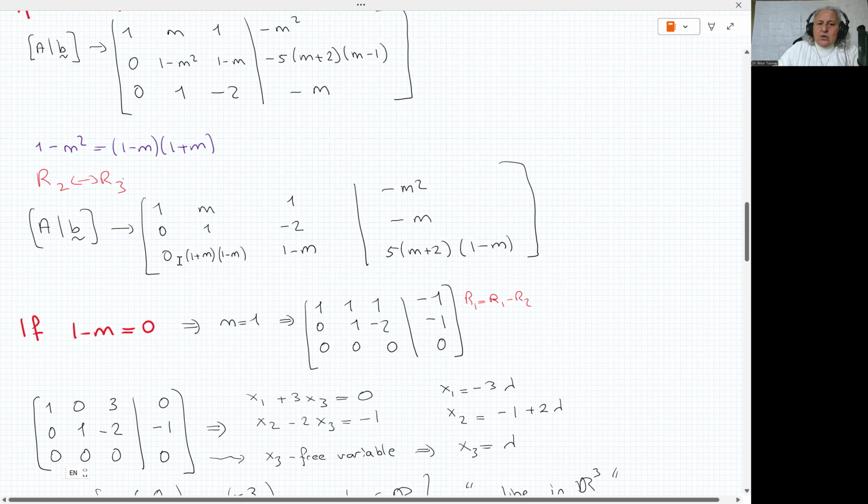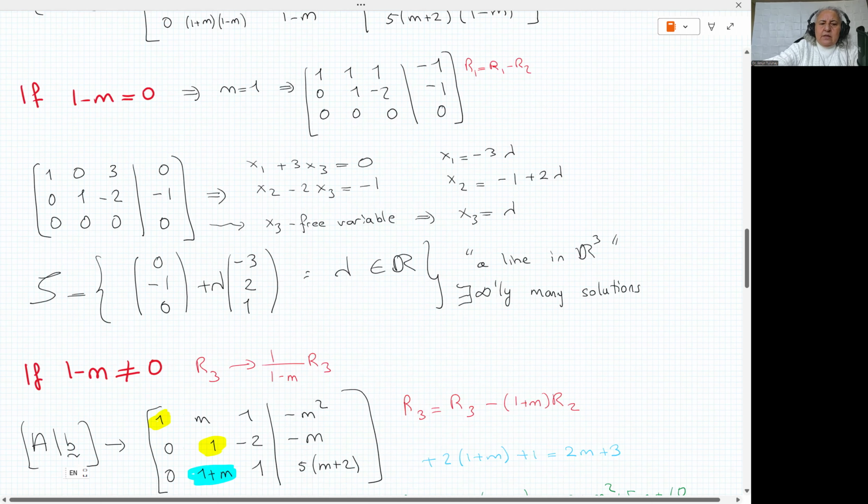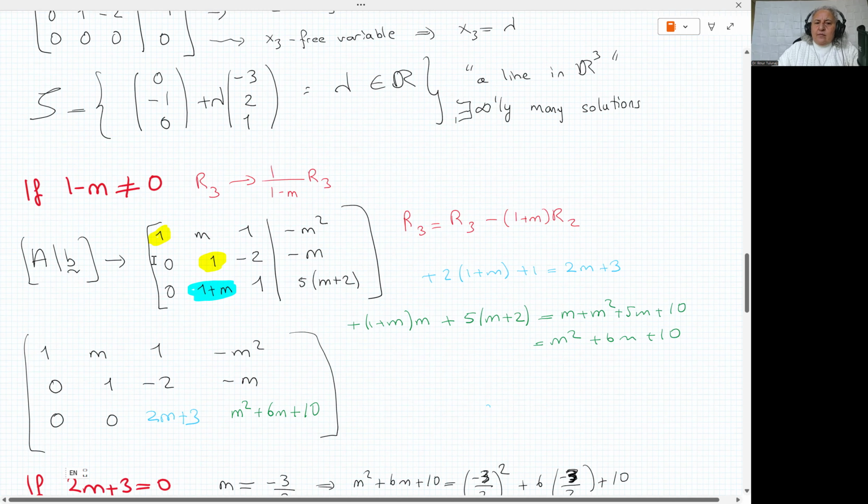If it is not equal to 0, we can divide this row by 1 minus m. You can apply that row operation. If we do that, all this will be gone. We will have 1 plus m here, 1 here, 5m plus 2 here. So this is the situation when 1 minus m is not equal to 0. Dividing that, we obtain this.